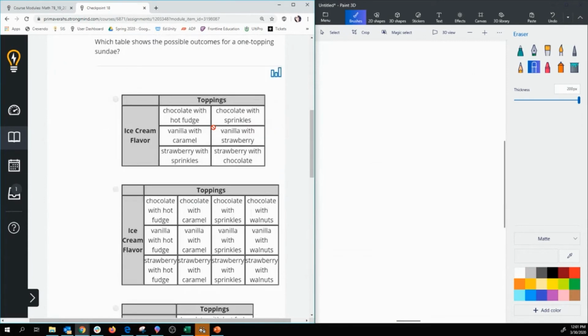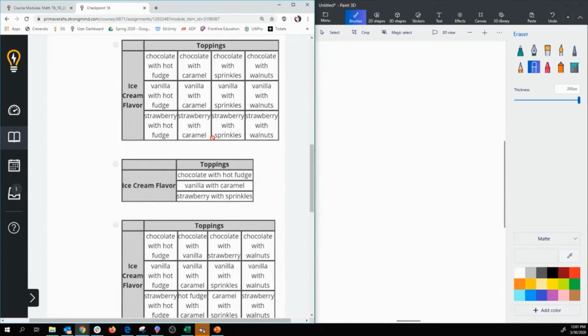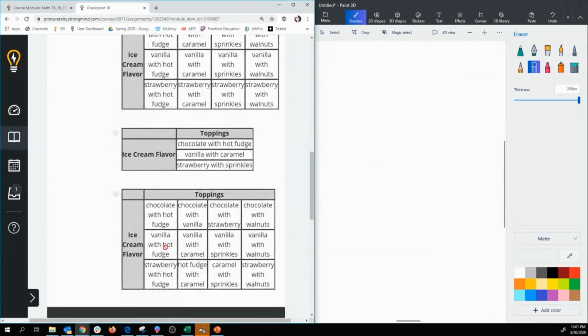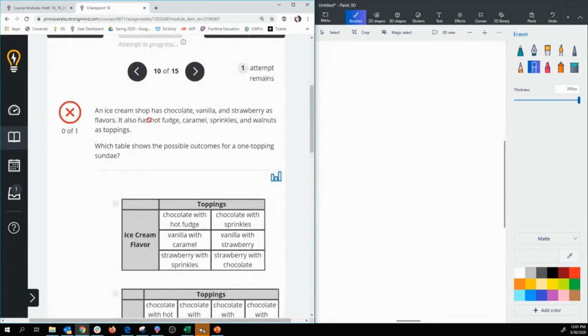So for ice cream flavors, I have 3 flavors I can pick from: chocolate, vanilla, and strawberry. How many different toppings do I have to pick from? There's 4, right? I can pick hot fudge, caramel, sprinkles, or walnuts.